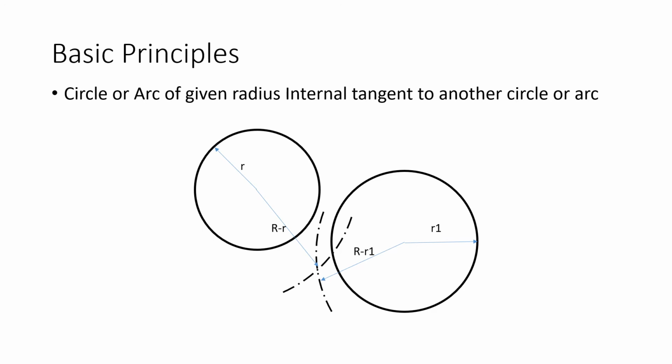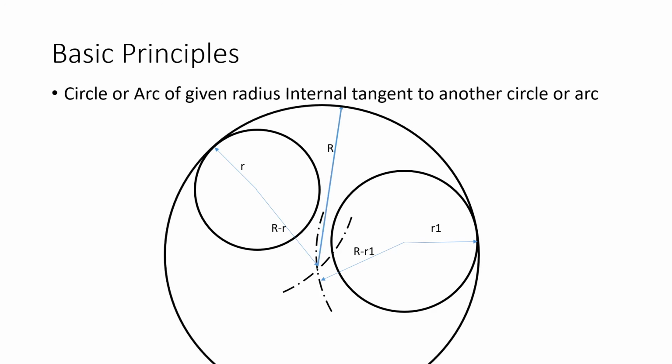And where those two arcs intersect will be the center for drawing my circle of radius R, which will have the two internal tangents.